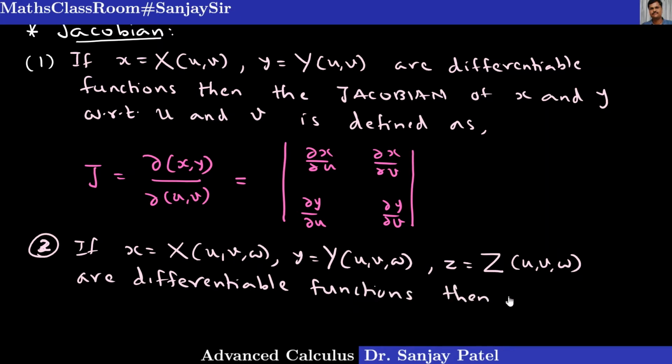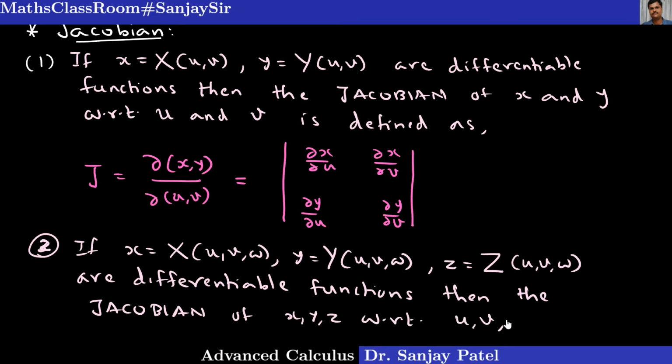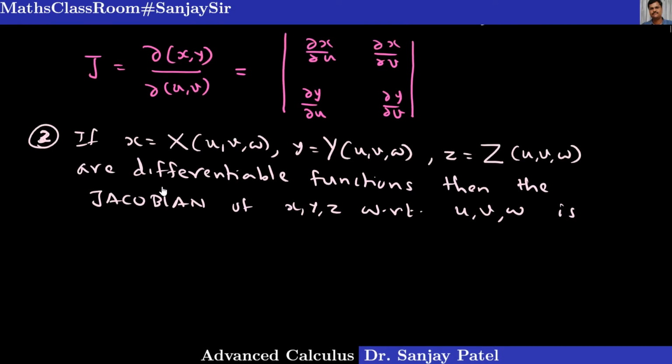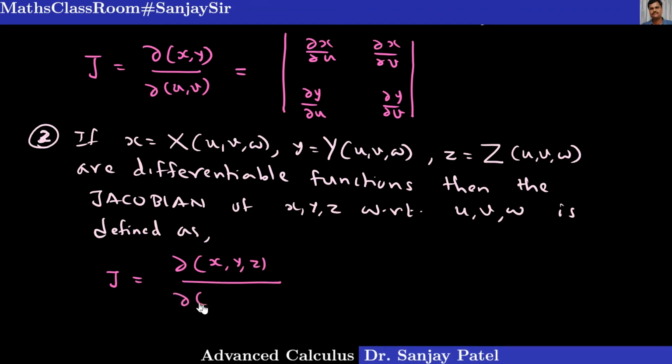Then the Jacobian of the variables x, y and z with respect to the three variables u, v, w is defined as J equal to delta of x, y, z upon delta of u, v and w. This is given by a 3 cross 3 determinant.